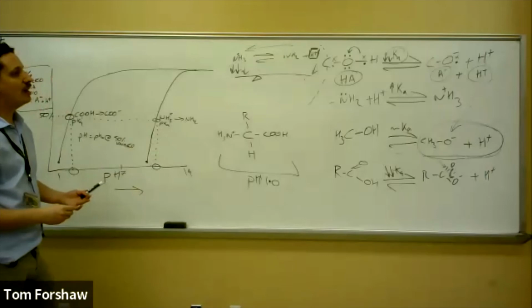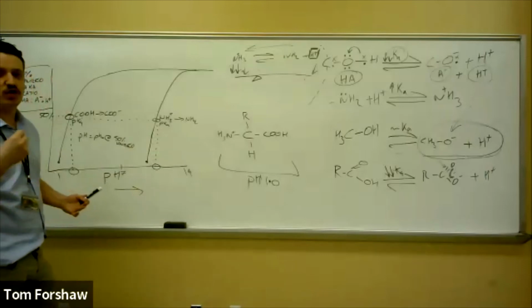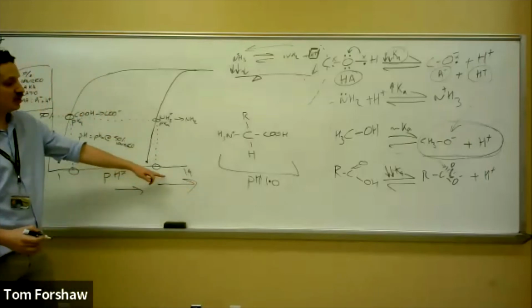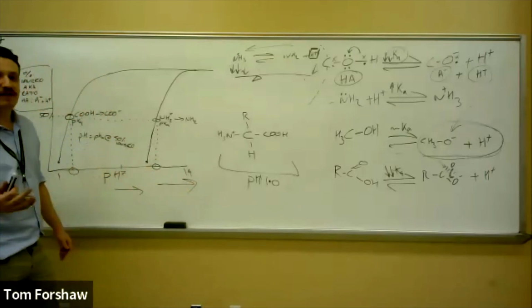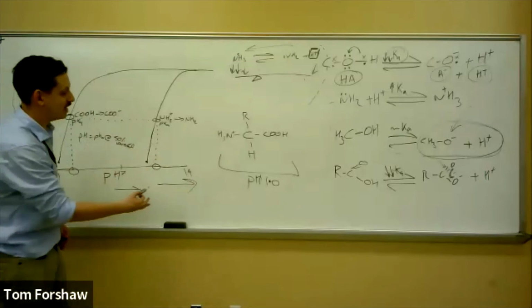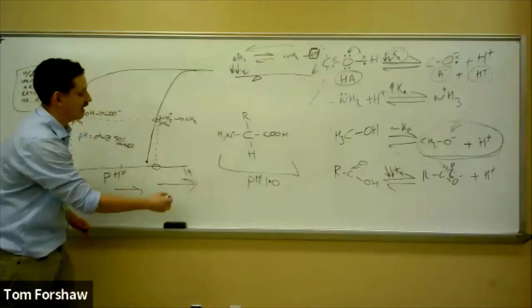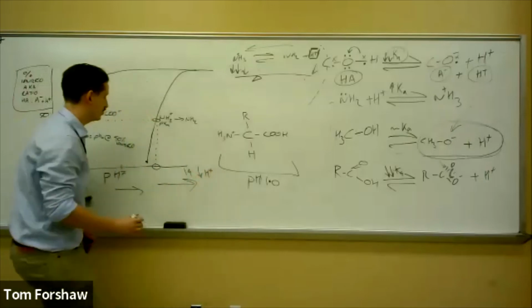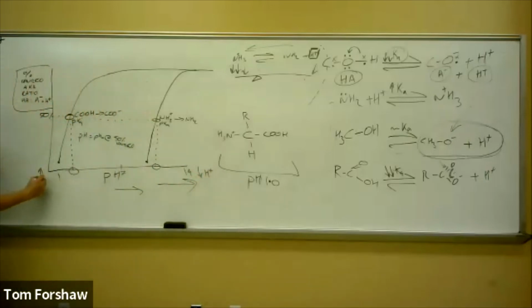However, if we were to add in too much base, remember adding in more base is going to increase the pH. What you're effectively doing, remember, is measuring the hydrogen ion concentration. Here at pH 14, there's a low hydrogen ion concentration. Here at pH 1, there's a high hydrogen ion concentration.